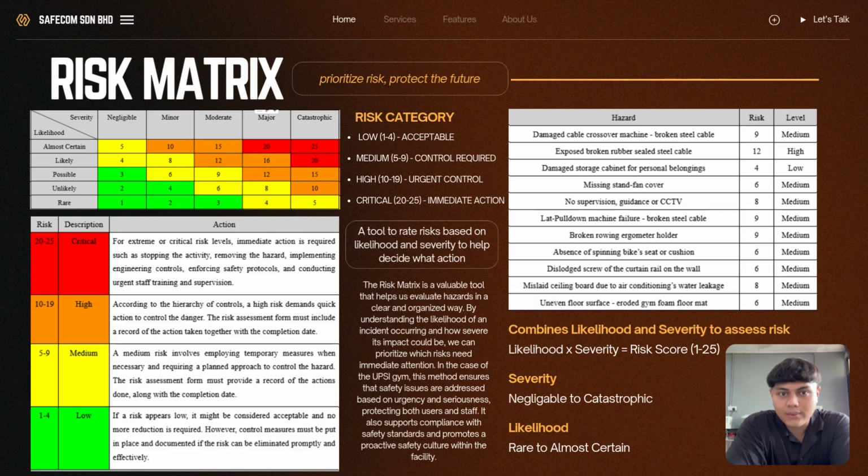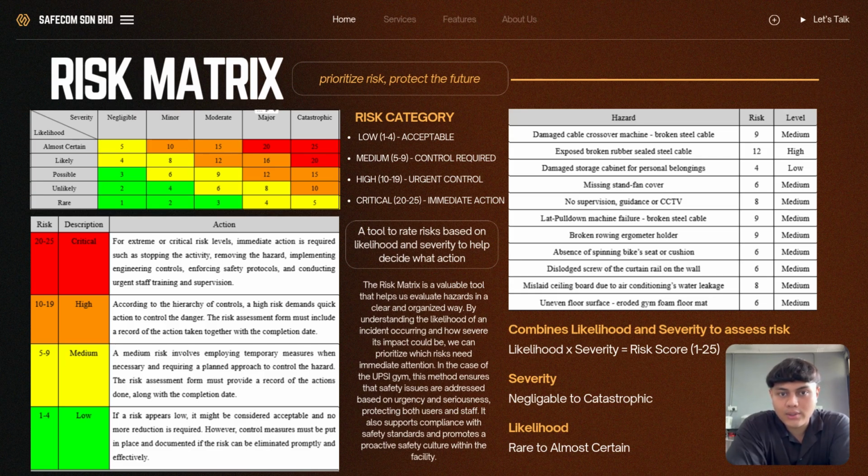There is one hazard, an exposed broken rubber steel cable, that was rated as high risk with a score of 12, and this requires prompt corrective measures. And there is only one hazard, a damaged storage cabinet, that was assessed as low risk. So these structured assessments allow the management to focus resources on addressing the most dangerous issues first, ensuring a safer environment for all gym users.